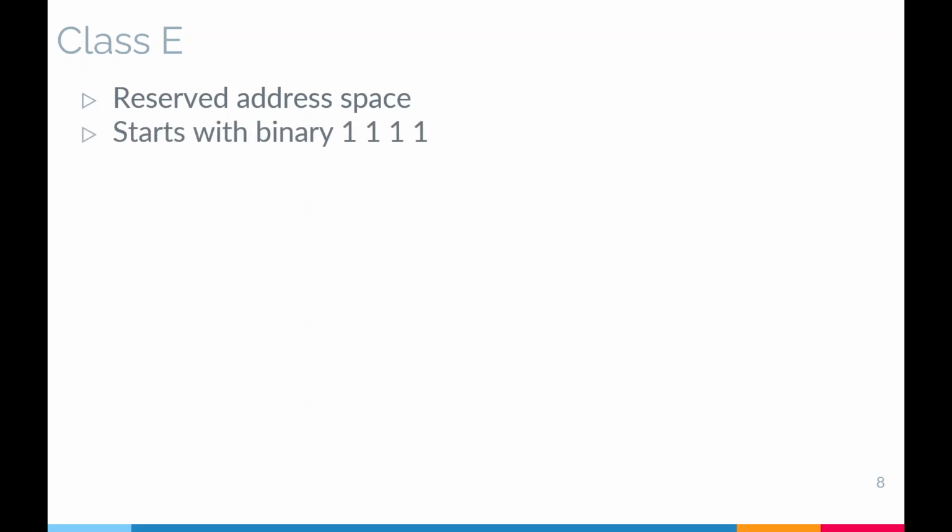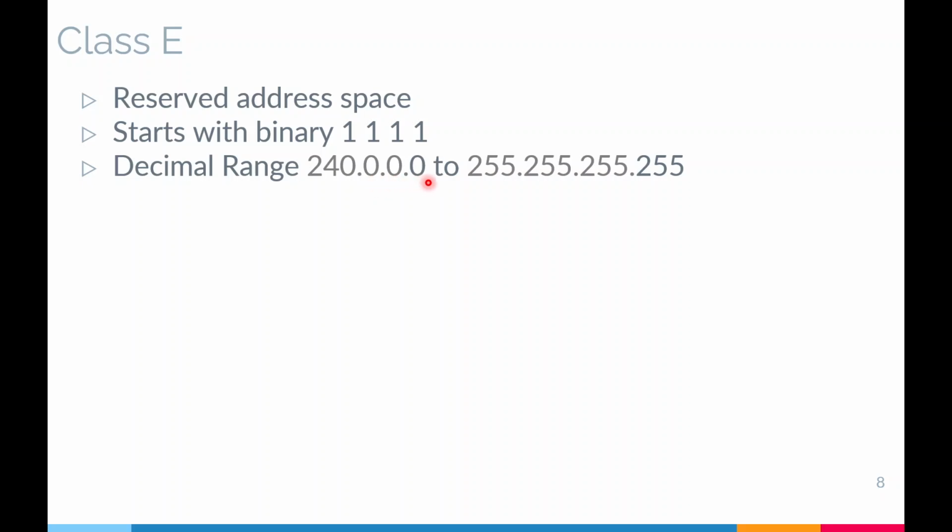Now let's move on to class E. Class E is again a reserved space of IP addresses, which means that any commercial network cannot use class E addresses. Those are reserved for experimental purposes. It starts with all binary ones, at least in the first 4 bits of the first octet, and the decimal range is from 240.0.0.0 to 255.255.255.255.